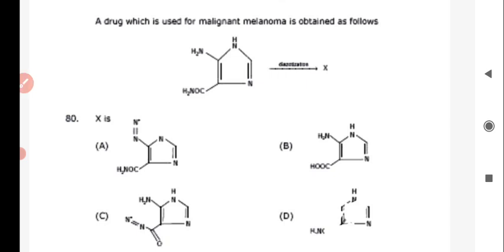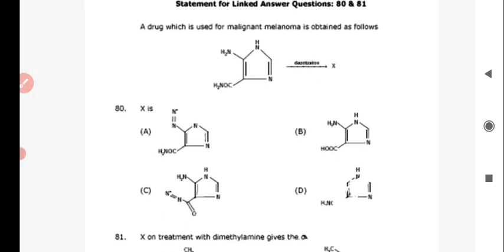Then the next statement is again a reaction based statement: a drug which is used for malignant melanoma is obtained as follows. Here is the reaction.